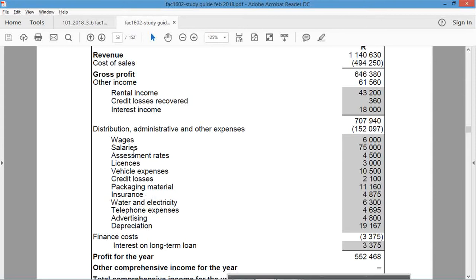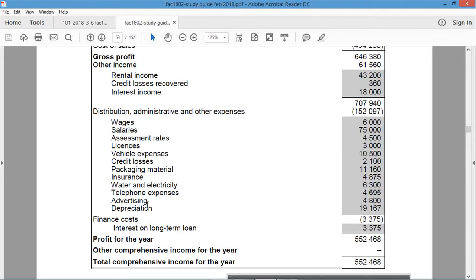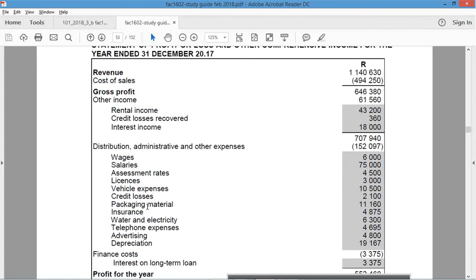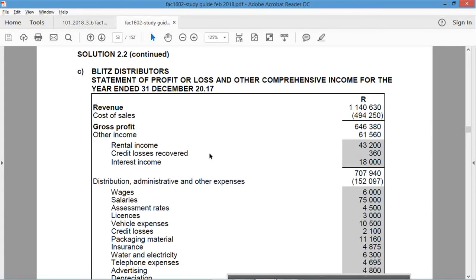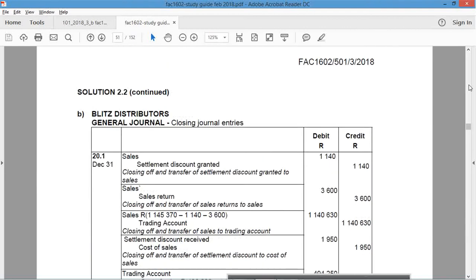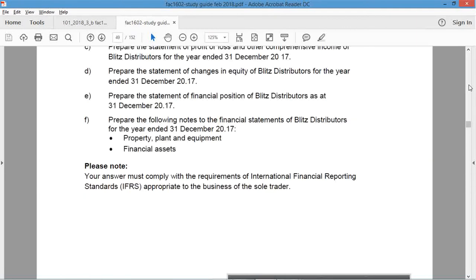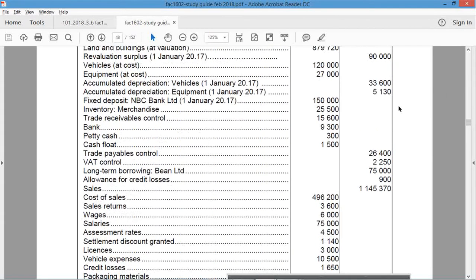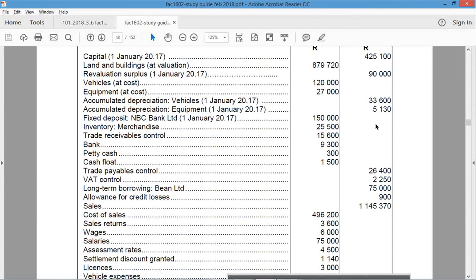Do you see a discount here? Doesn't seem like they accounted for it. This was 2.2. They must have, because that's 1140. What was our discount amount? 1140. What's the sales? The sales is 1145.